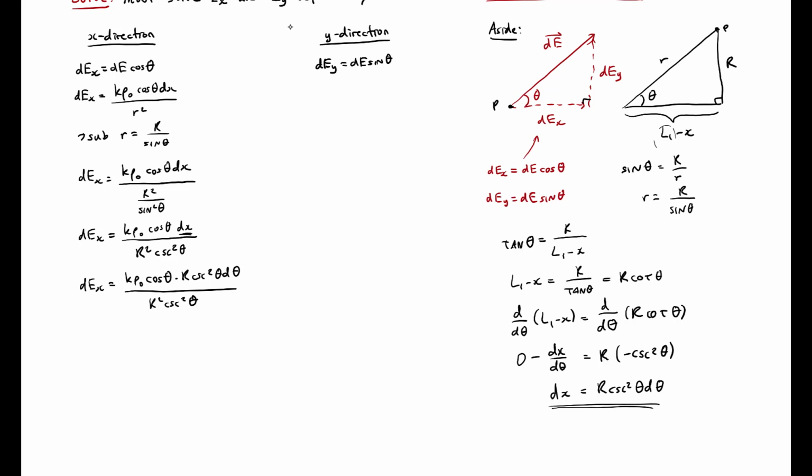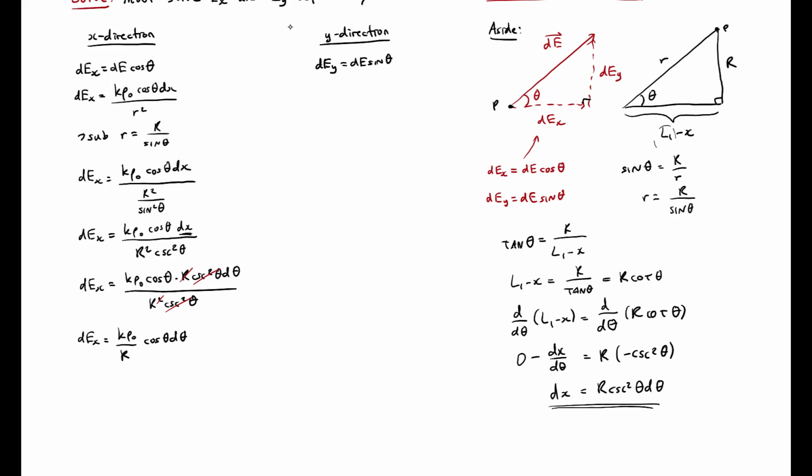And thankfully, we can cancel these out and simplify our lives quite a bit. The r disappears at the top, and the bottom just becomes a singular r, which means I have dEx equals k rho naught over r cos theta d theta.